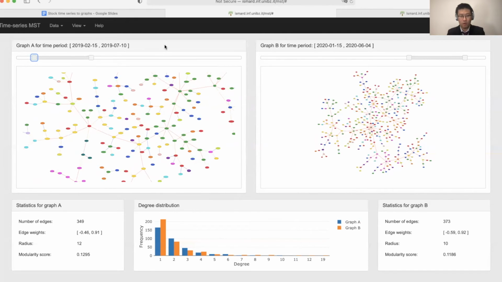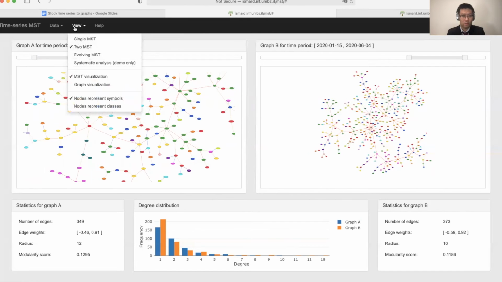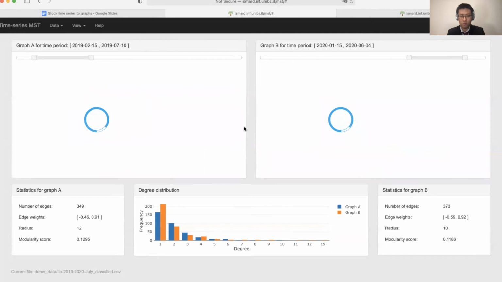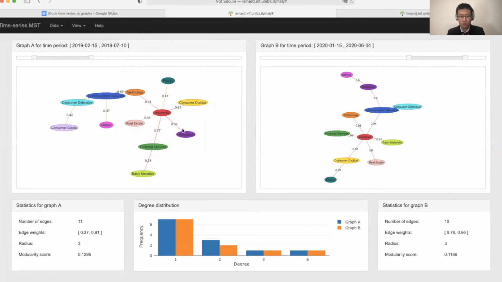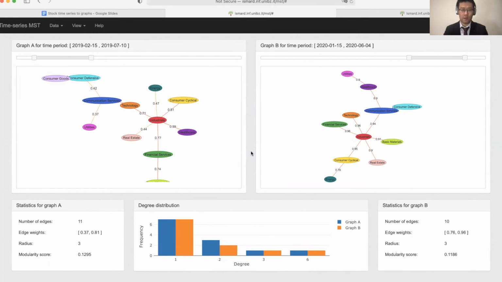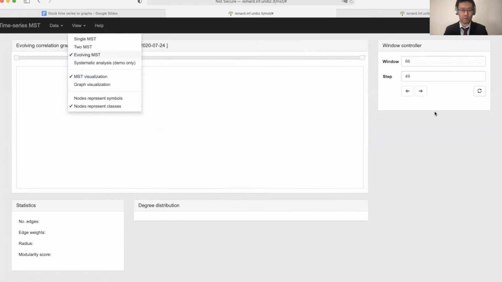Just to see how versatile this tool is, we can use the option that nodes represent classes to change the graph into a minimum spanning tree for stock sectors. Now let's check the next functionality, which is the evolving graph.